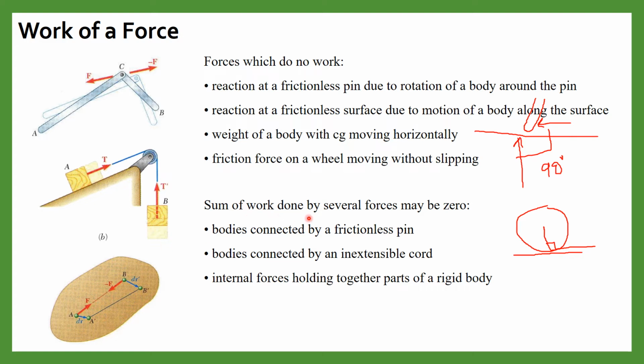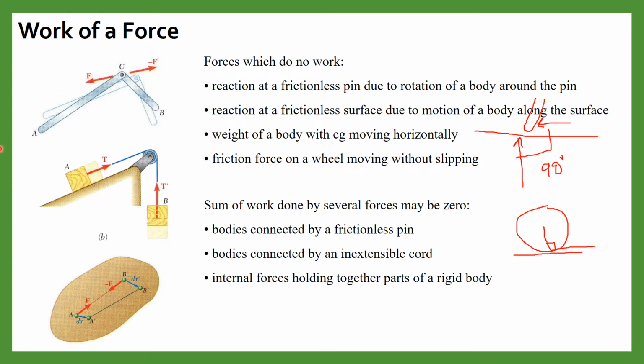Again, the sum of work done by several forces may be zero apart from these conditions. When bodies are connected by a frictionless pin, as in this case, these two bodies AC and BC are connected by a frictionless pin. So there will be two forces, F and minus F. If this force is doing positive work, then the work of the other force is negative, and both works add up to 0.